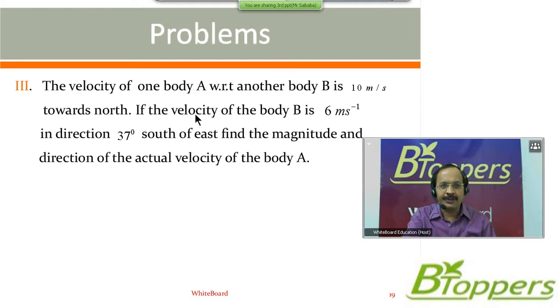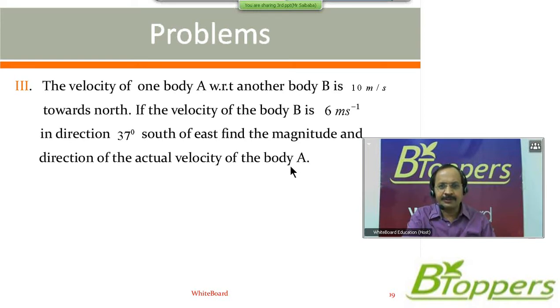If the velocity of the body, capital B, is 6 meter per second in direction 37 degrees south of east, find the magnitude and direction of the actual velocity of the body, capital A.